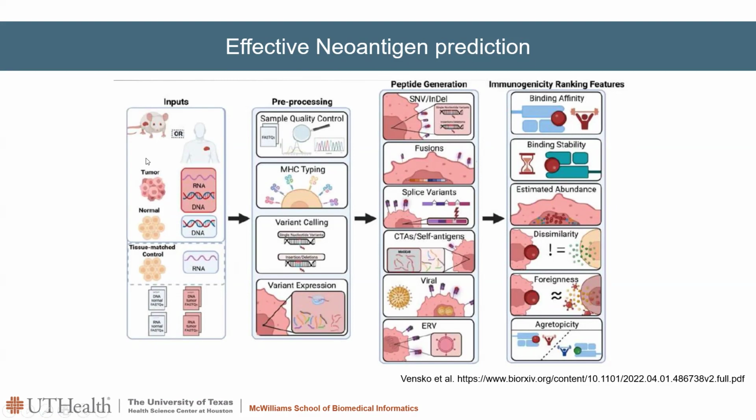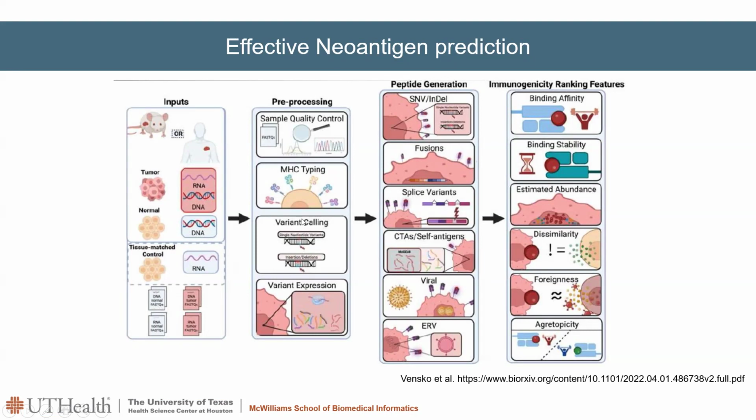So the overall process of neoantigen prediction is like this. First, we do a biopsy for patients, and then we do NGS sequencing, and using the PIME4MX algorithm, we identify multiple aberrations.